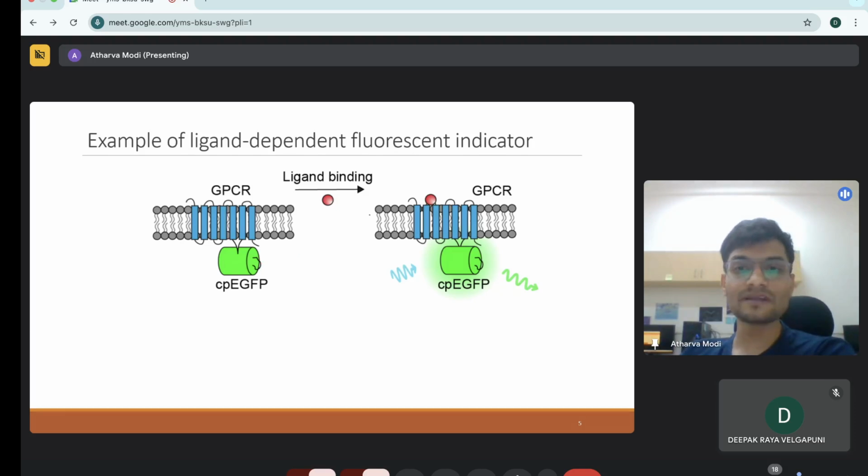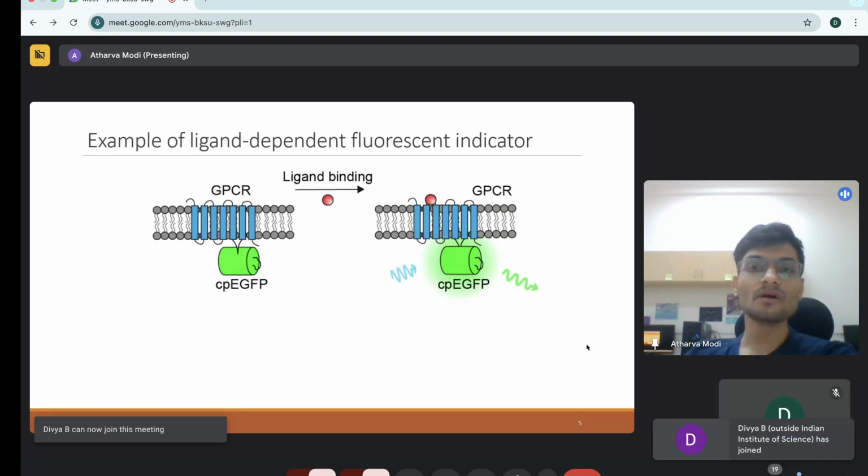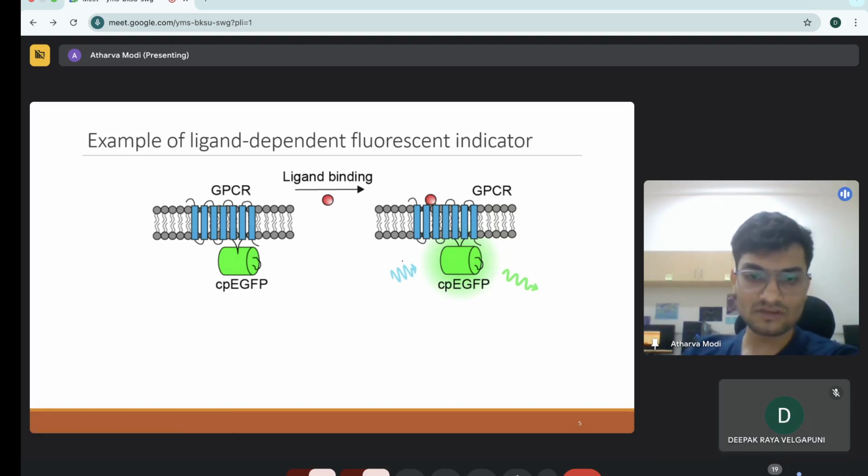So this is a property: when the ligand binds to it and you shine light on it, it emits a green color. You can measure this green color and it indicates the presence of ligand. This is the special property that these kinds of fluorescent indicators have, and that enables them to serve as a biosensor, right?